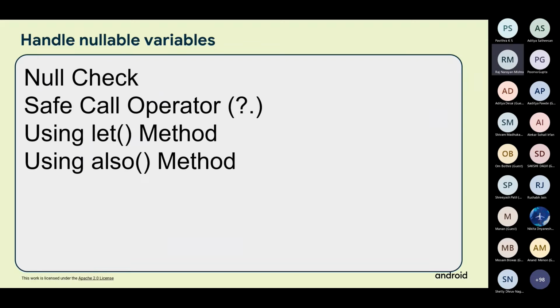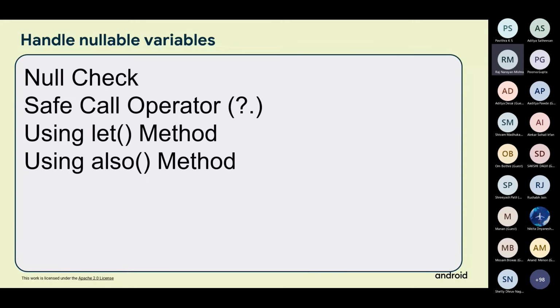Now going to the fourth, it's using the also method. The also method executes additional operations like logging and printing of the null variable. Like if you are making a log of where the null values have occurred, then the also method is used. It is used in the context of the safe call operator.